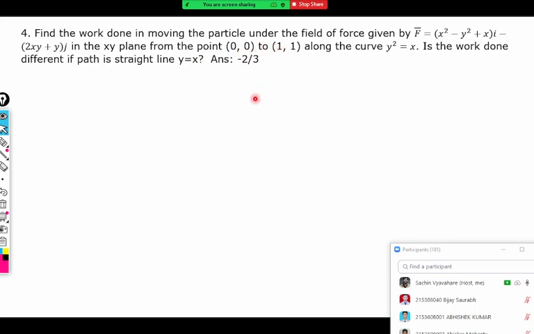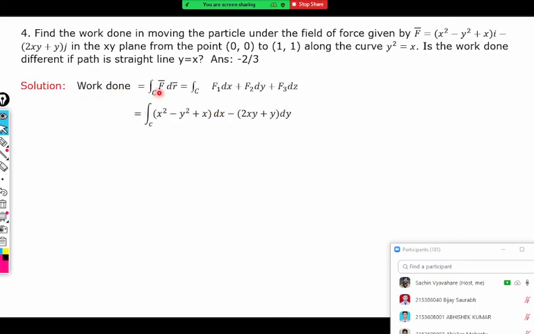Okay, so we'll start the solution. For the solution, step number 1, we write work done is the integral of F bar dot dr bar, which is f1 dx plus f2 dy plus f3 dz. The value of f1 is replaced here, so only f1 dx plus f2 dy is written. For f2 there is a minus sign, so this minus sign came here: f1 dx minus f2 dy.